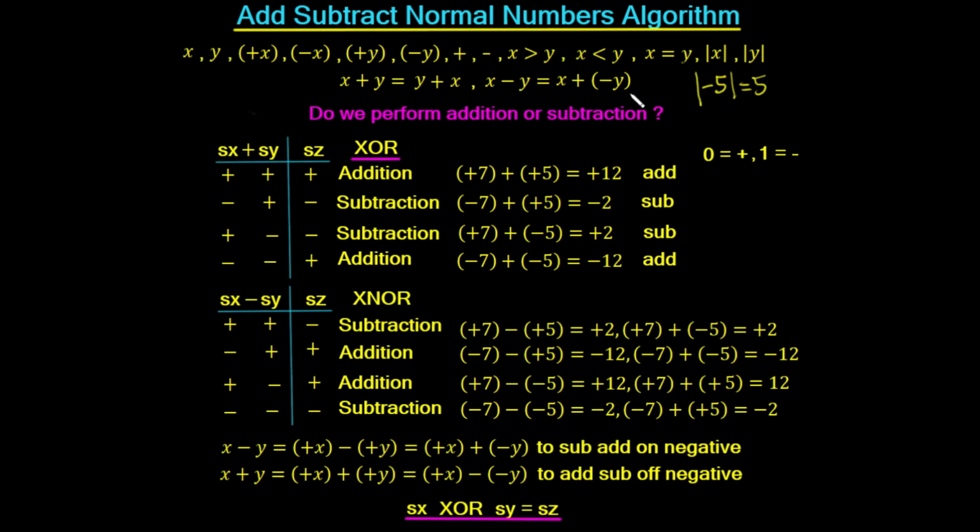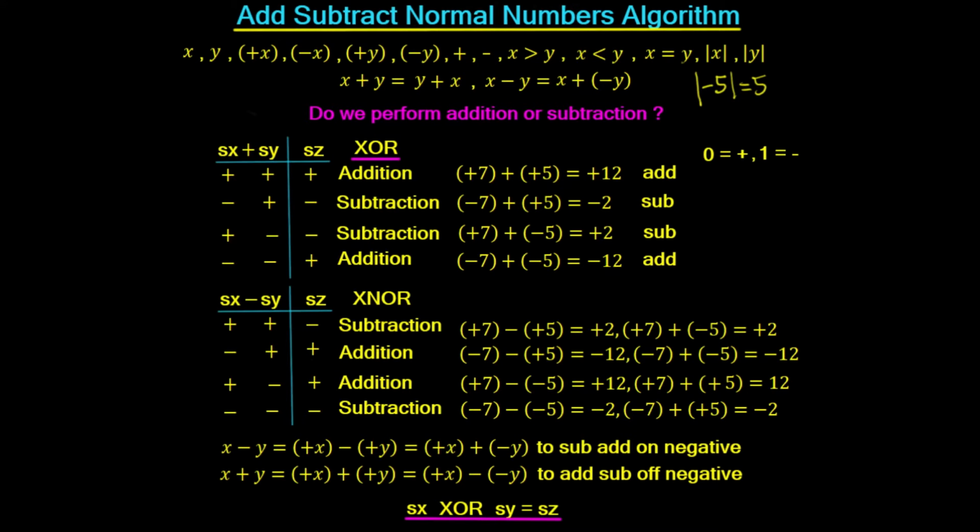Now, in order for us to do subtraction, we're going to note that whenever we subtract one number from another, it's equivalent to adding on its negation. So for example, x minus y, well that's the same as writing x plus the negative of y.